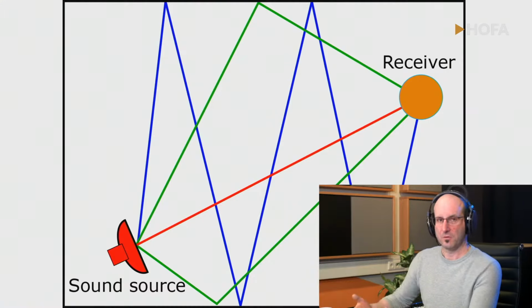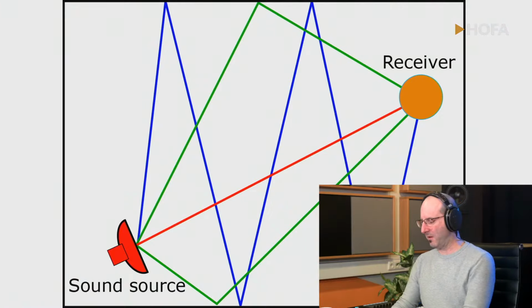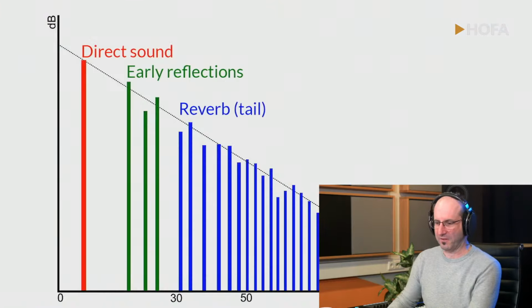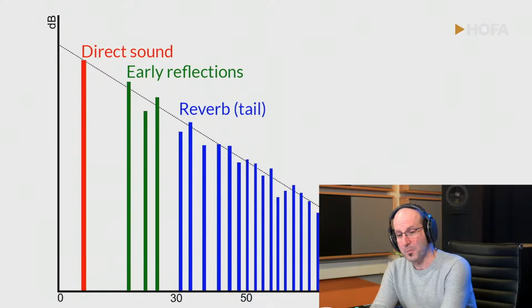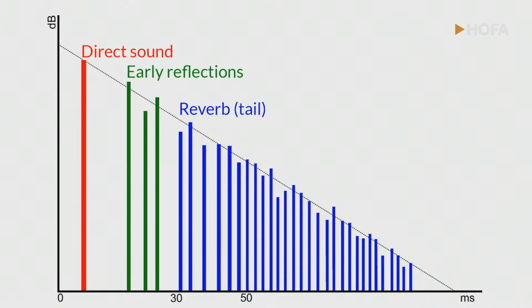And during that process, of course, they grow quieter, and we can see that with the following illustration. So these are the same lines. We have the red for the direct sound, the green for the early reflections, and the blue lines for the reverb, or the tail as it is called.